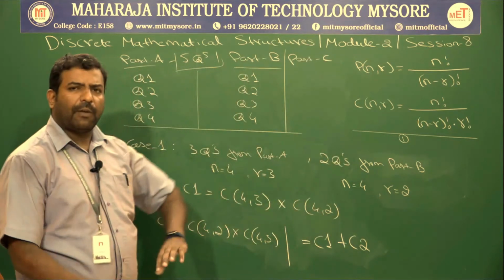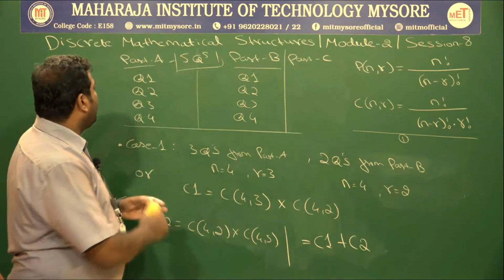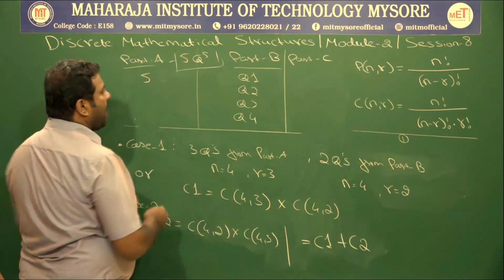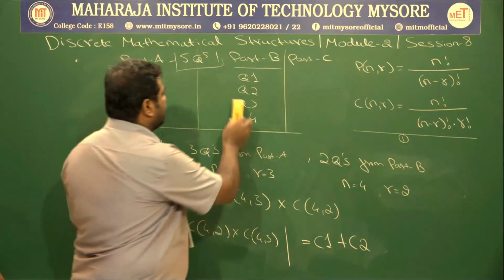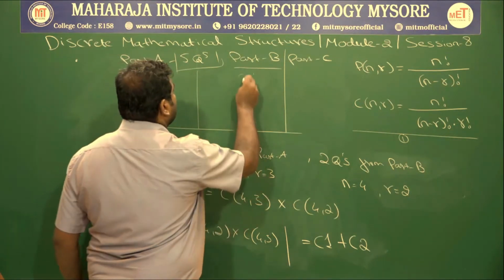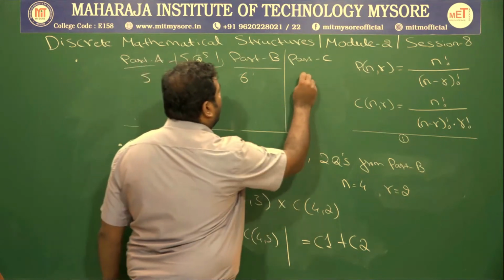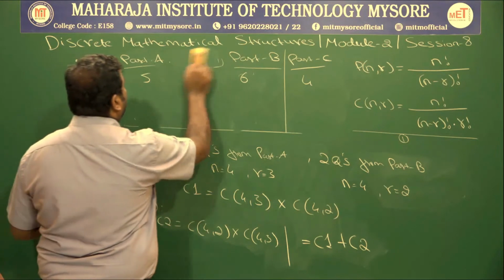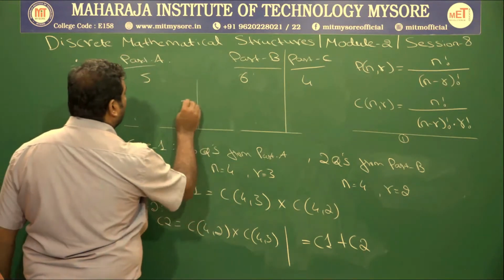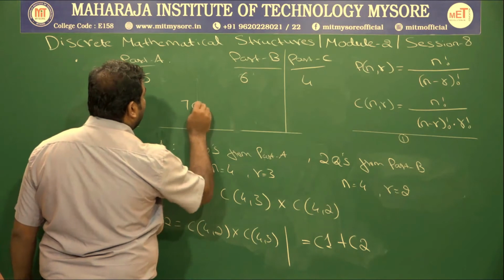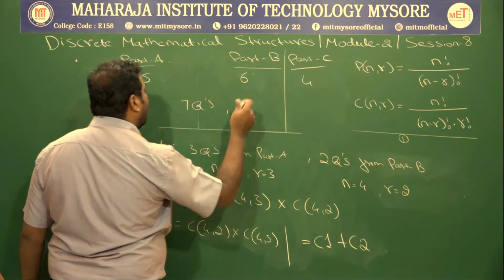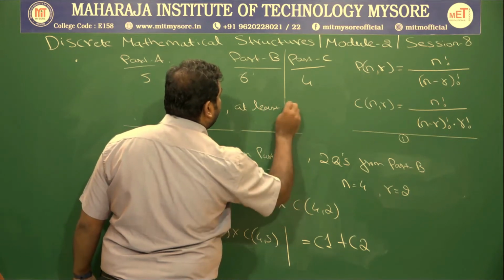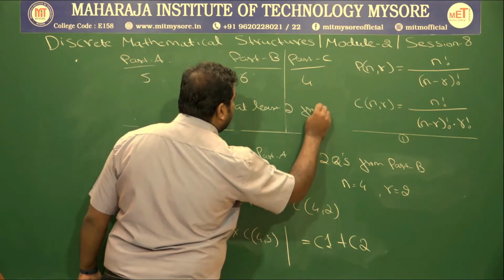For example, what if I have part C, where I have 5 questions in part A, 6 questions in part B, and 4 questions in part C, and you need to answer 7 questions, at least 2 from each part.